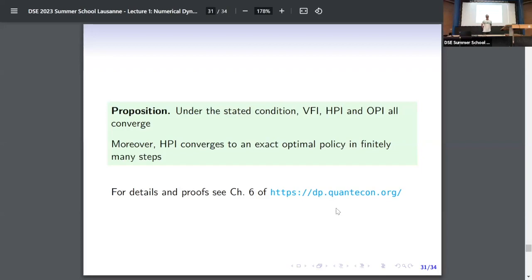Once you have that, shouldn't VFI, HPI, and OPI follow, or is it the same proof? That's right. In this situation, the Bellman operator is not a contraction mapping, but it's like an eventual contraction.